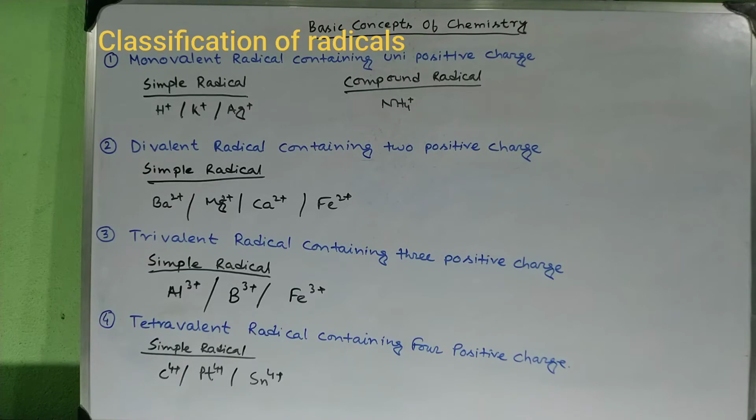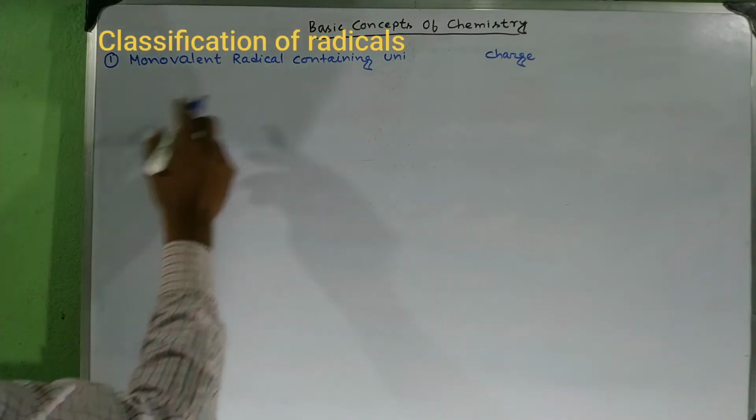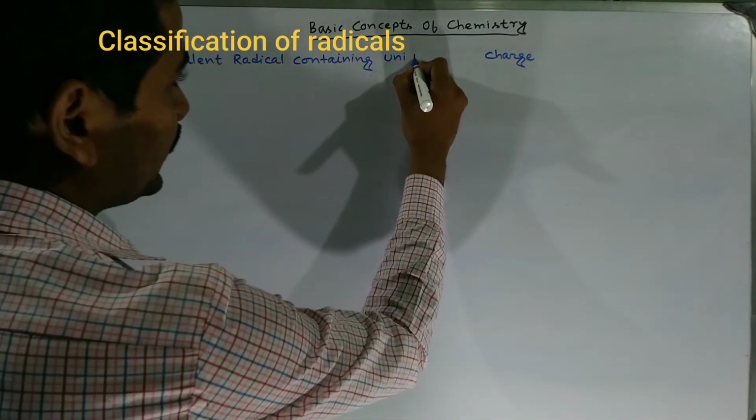Now discuss the monovalent radicals having uni-negative charge. A monovalent radical containing uni-negative charge.